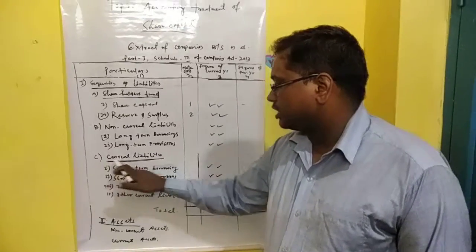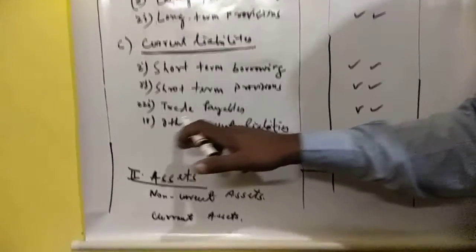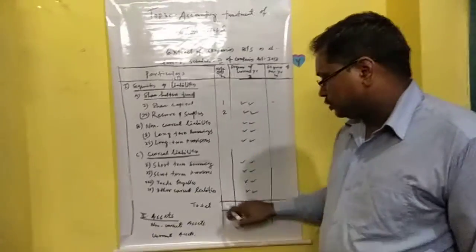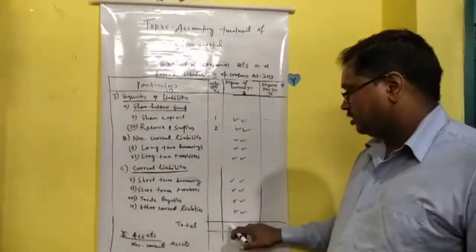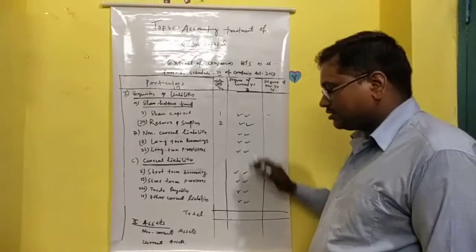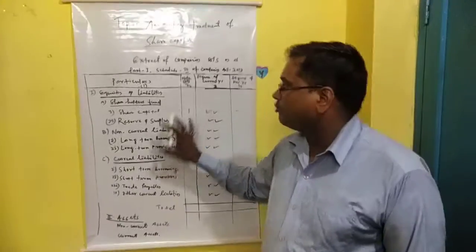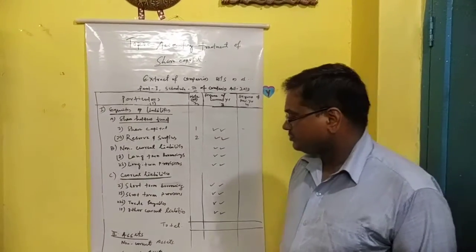Then the third column is current liabilities: short-term borrowings, short-term provisions, trade payables, other current liabilities. Then you will do the total of the current year and the total of the previous year amount. So this is the format of liabilities in the company's balance sheet.